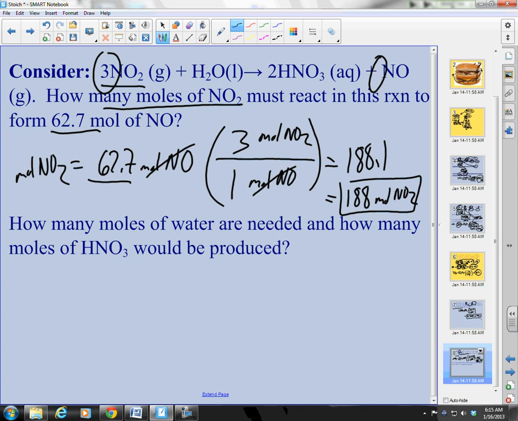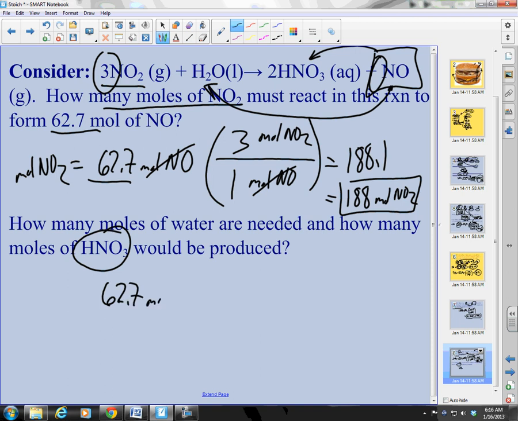Yeehaw! How many moles of water are needed? So I start with what? I start here, and I want to go from here to figure out here. Can I do it? Sure. And how many moles of HNO3 would be produced? I start here again from my number, and I can go here. It's easy. I write down 62.7 moles of NO. What's the first one I want?